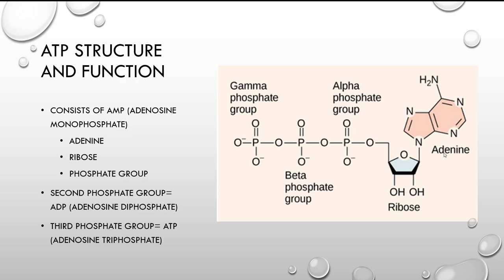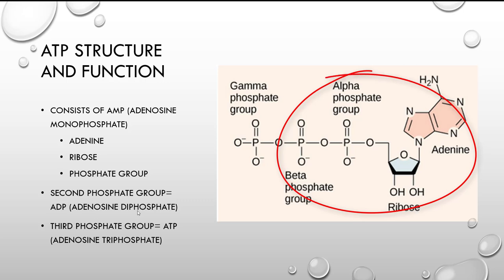But specifically, the nitrogenous base that is attached is adenine. The sugar that's involved is ribose. So it has an adenine and a ribose. And that ribose is attached to a phosphate. So when we have the one phosphate, it's called adenosine monophosphate. That's the first phosphate. If we have a second phosphate, then it's adenosine diphosphate. Di means two.